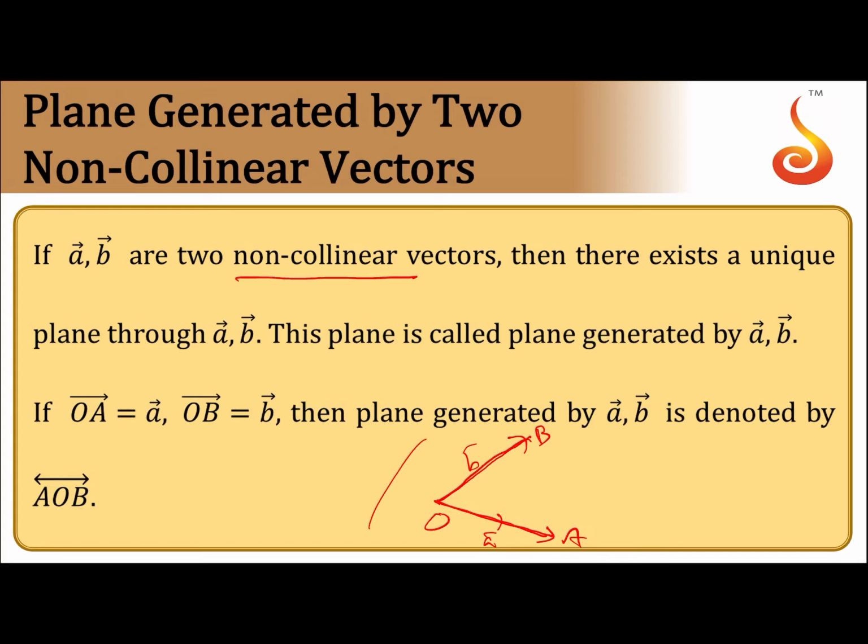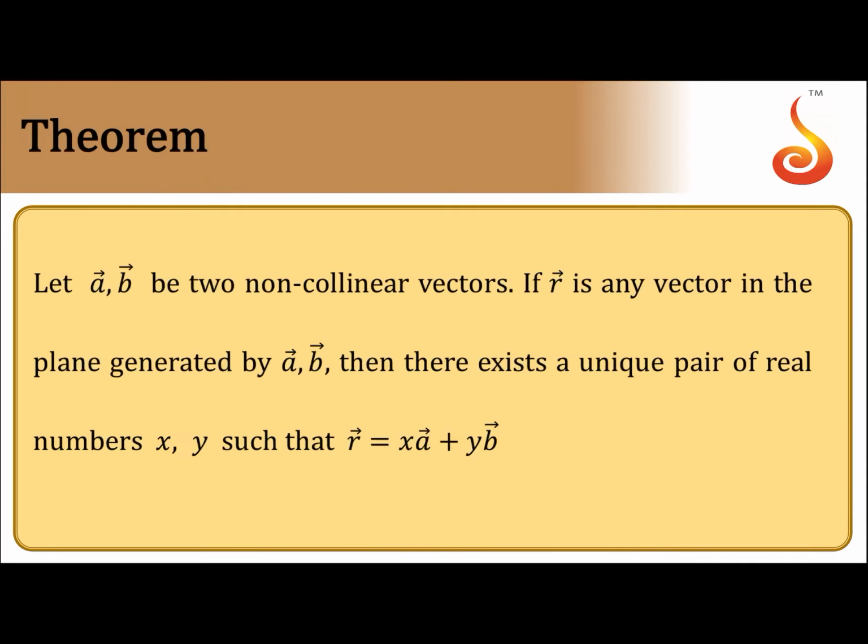They constitute a plane, and that plane is nothing but the AOB plane generated by A bar and B bar. That's called a plane generated by the 2 points.